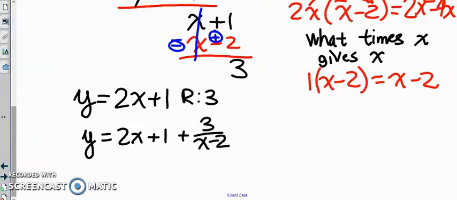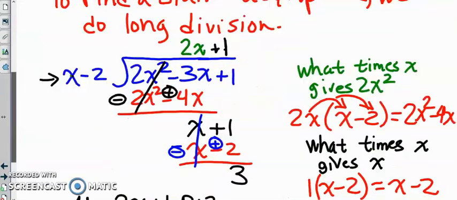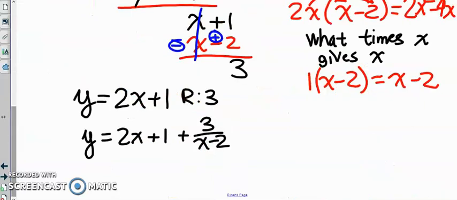That denominator is x minus 2, our divisor.